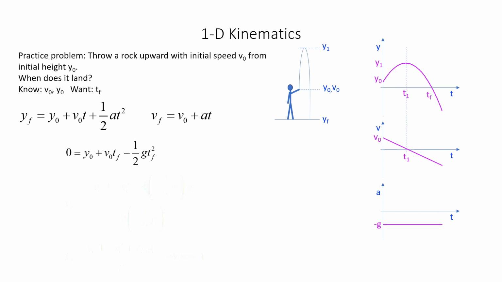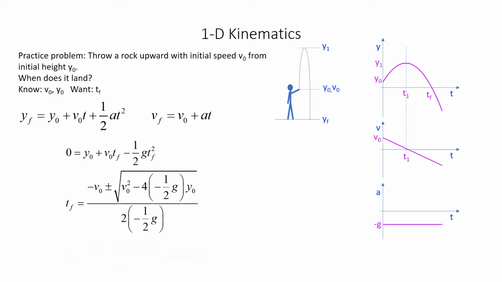I start by specifying the general equation to my specific case. I can see that it lands at 0, so I set y final equal to 0. I still have y0. My v0 is the same. My t final now is the t when it actually lands, and minus 1/2 g t squared for t final.